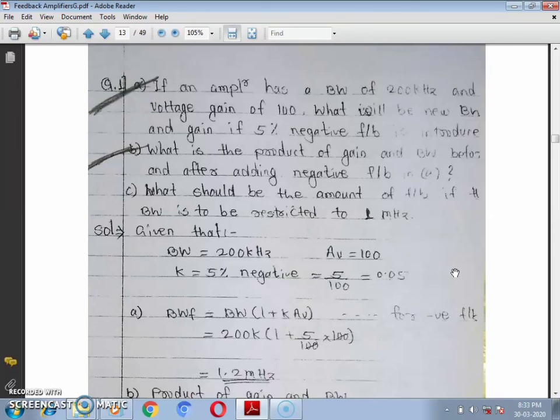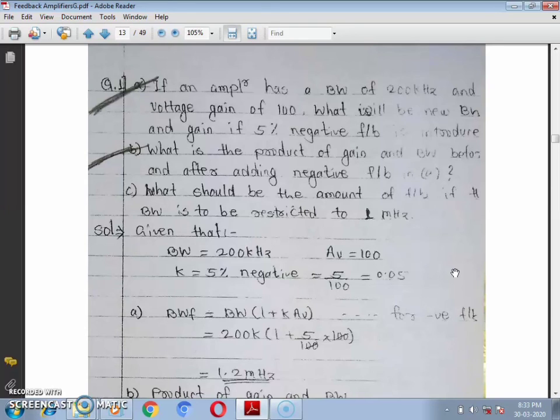The gain stability improves, bandwidth increases, nonlinear distortion decreases, noise decreases, input impedance increases in the series case, and output impedance decreases. So we have a number of expressions, and based on those we will look at some examples.